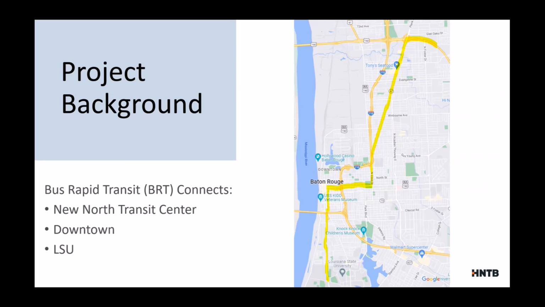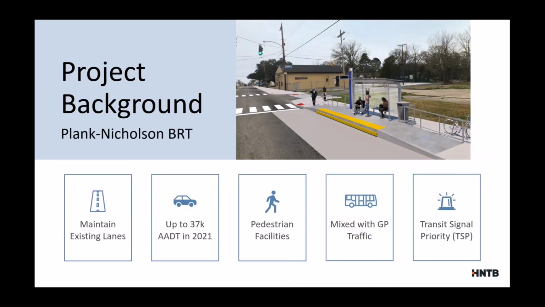That diagonal road is Plank Road, down into downtown, through downtown, and then down south along Nicholson Drive, down to Louisiana State University, or LSU. I'm sure many of you have heard of that school before.